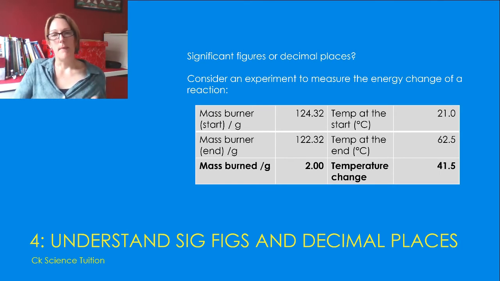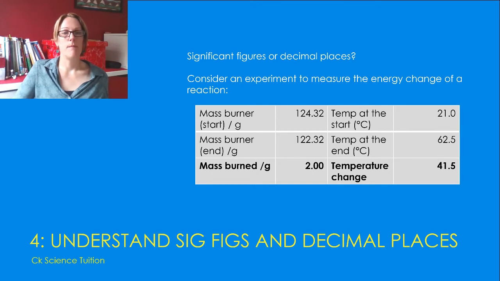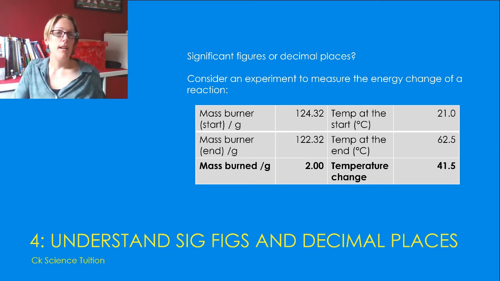If we look at the mass readings, we weighed the spirit burner at the start and at the end. Now they're quite heavy, and the scales in this case were a 2 decimal place balance. So it looks like, if we were just to take significant figures, the mass is being recorded to 5 significant figures.